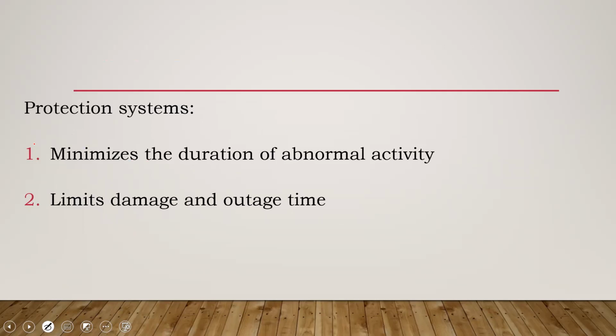So the system wishes to minimize the duration of the abnormal activity. In other words, it's going to limit the amount of damage that will take place. And of course, if you can isolate equipment before they get damaged, then it means that you'll be able to put the system back into operation in a shorter possible time.